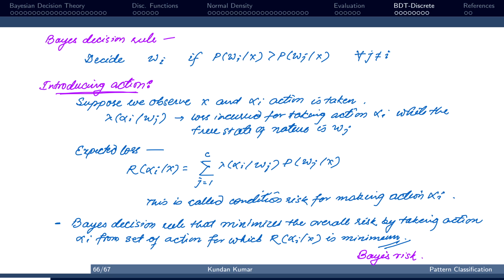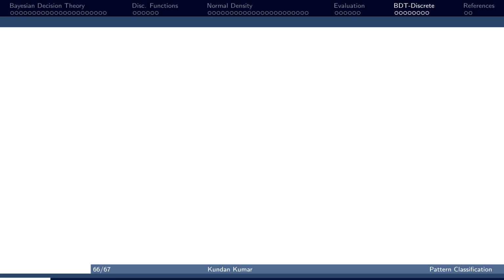Now let us consider the two category classification problem to minimize the risk. So suppose we have a two category classification problem.